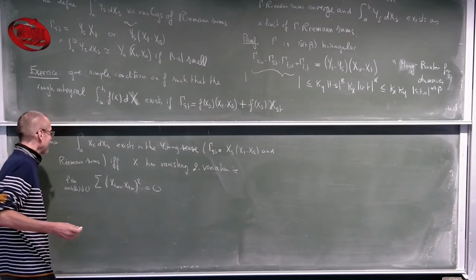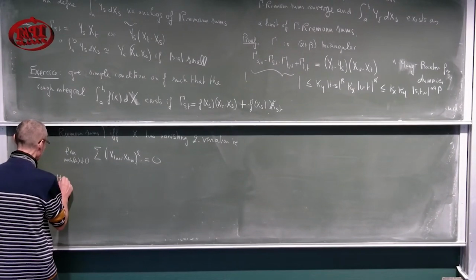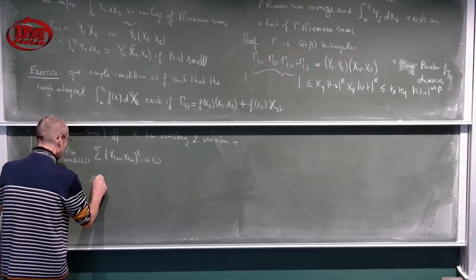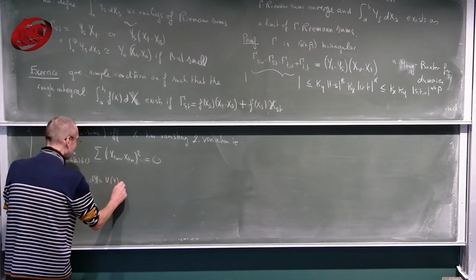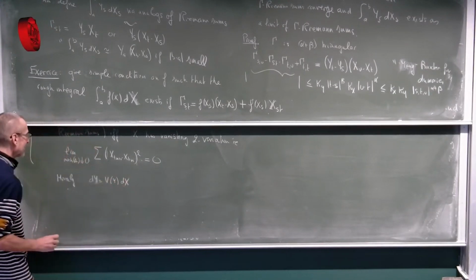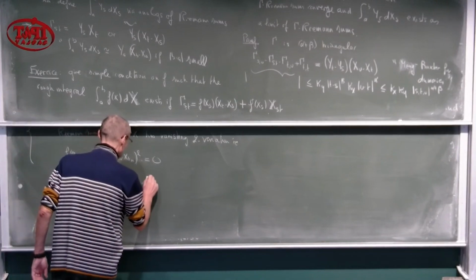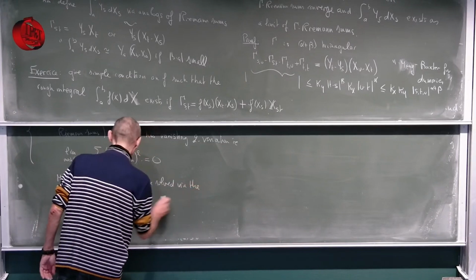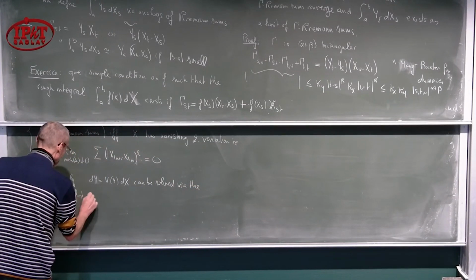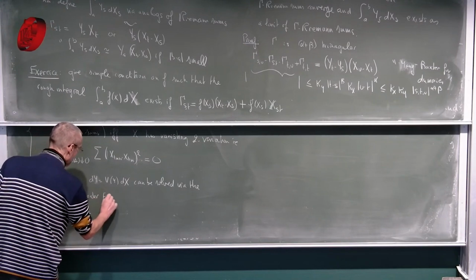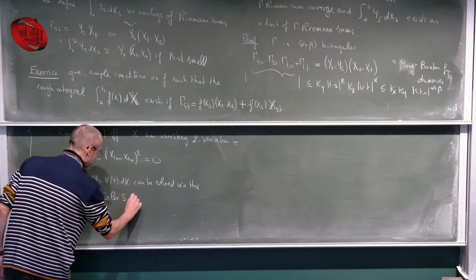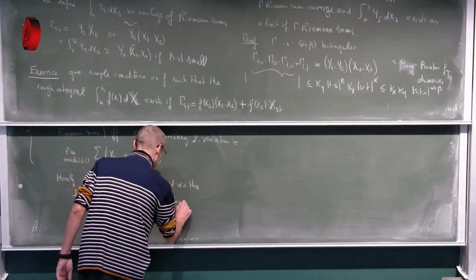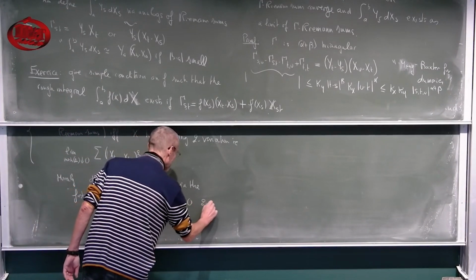Because recall what we said, morally, dY = V(Y) dX can be solved via the first order Euler scheme if X has 0 variation.